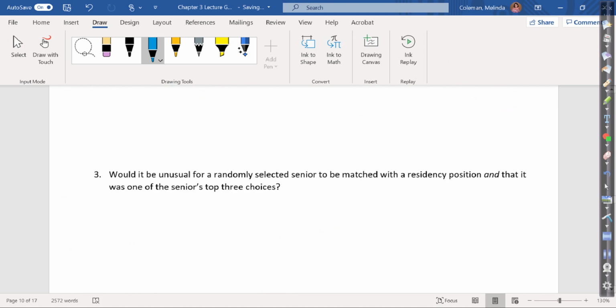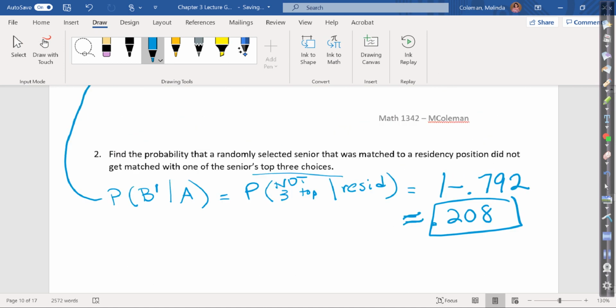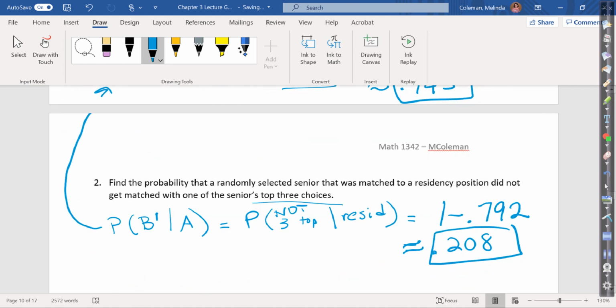And then number 3, would it be unusual for a randomly selected senior to be matched with a residency position and that it was one of the student's top 3 choices? Well, the answer to that we already discovered was 0.743.